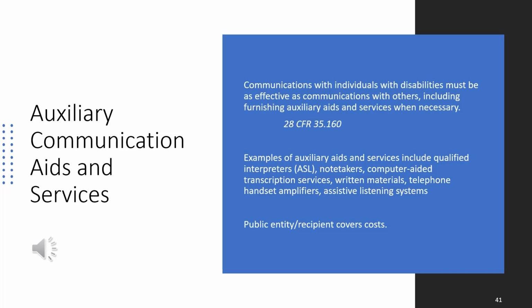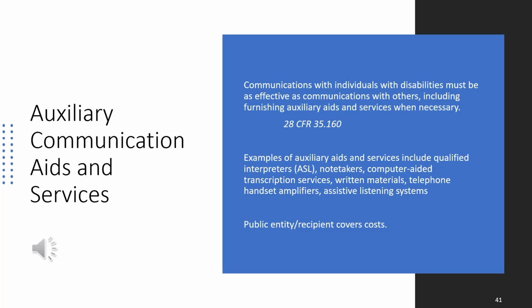A public entity must take appropriate steps to ensure that communications with applicants, participants, and members of the public with disabilities are as effective as communications with others, including furnishing auxiliary aids and services when necessary.